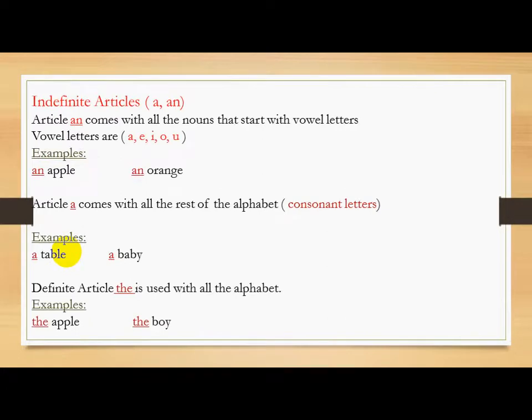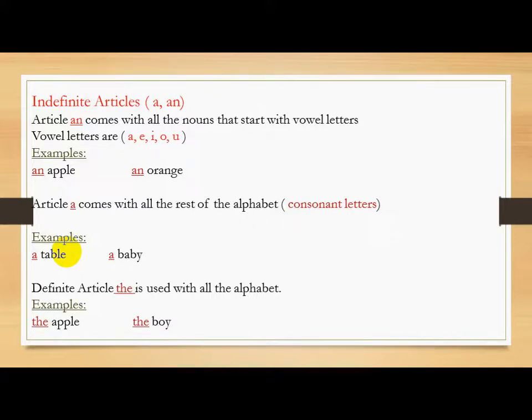Super. Also today we're gonna study indefinite article and definite article. What are the indefinite articles? A and an. When we use an, do you remember? An comes with all the nouns that start with the vowel letters. For example, what are the vowel letters first?